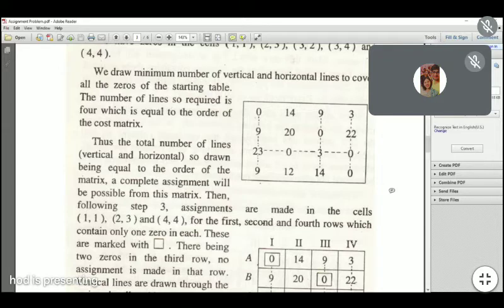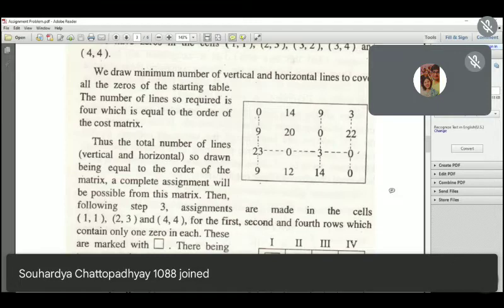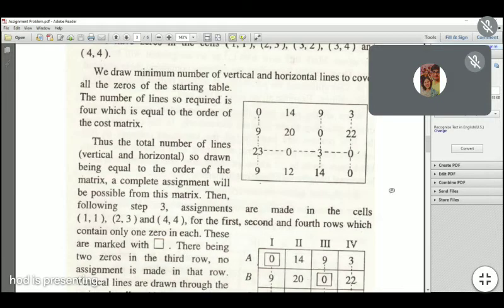Now, if you make a flowchart of this process, तो यहाँ पे text box आने वाला है. If the number of lines drawn is equal to the order of the matrix. Okay, again, if the number of lines drawn is equal to the order of the matrix, what does that mean?